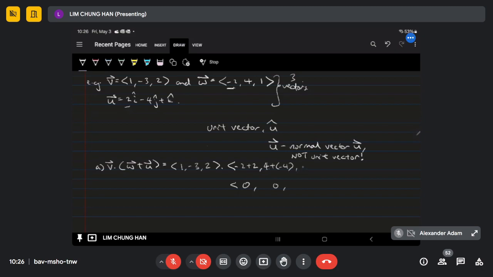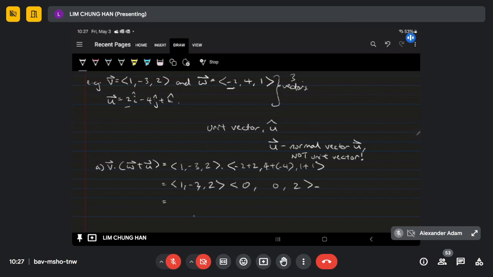It would be 1 plus 1. Okay, good. So that's W plus U. 0, 0, 2 you end up with. So now you can dot product with V, which is 1, -3, 2.